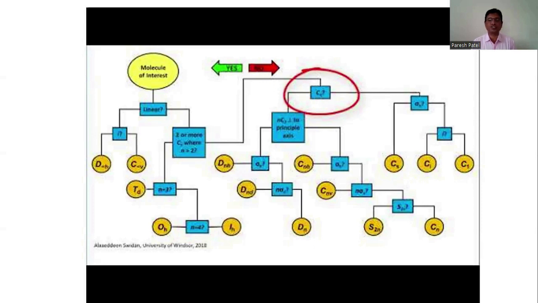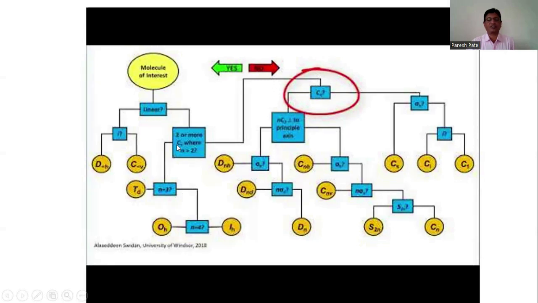Now, according to the Schoenflies method, we can assign a point group to any molecule. With the help of this chart, we can assign a point group to that molecule. So first question: is the molecule linear or non-linear?